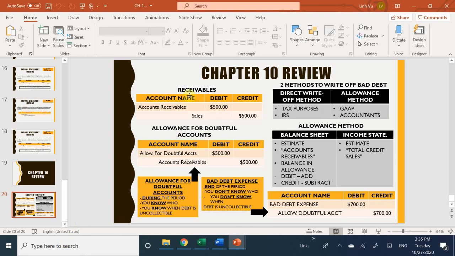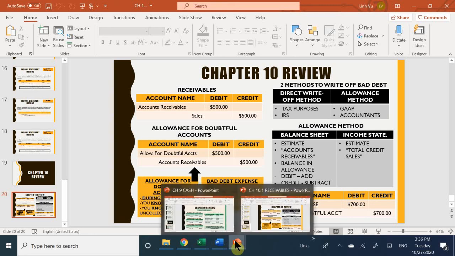So again, here I have the review slide up right now. During the year, we do know exactly who when we're dealing with the allowance for doubtful accounts. If we don't know who and it's an estimated amount, you're going to use bad debt expense. So in this case, what is my journal going to look like?